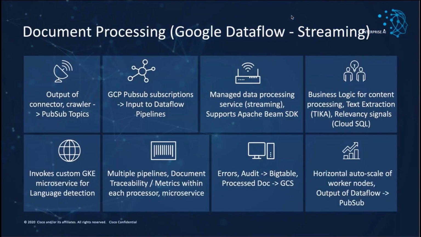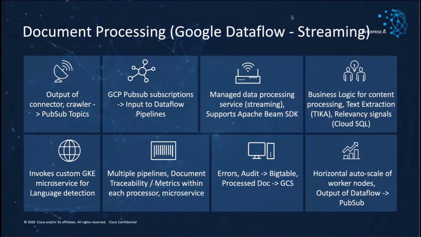So we use Google Dataflow for the document processing workflow. It is essentially a managed data processing service which supports both streaming and batch mode, as well as the Apache Beam SDK. During this workflow, we have multiple processors which enrich the content based on business logic. We do text extraction using Tika here.